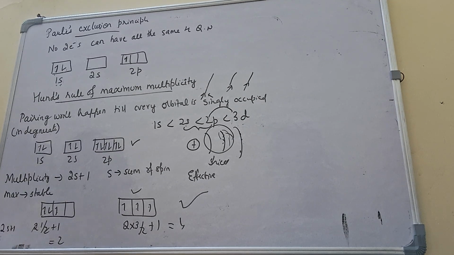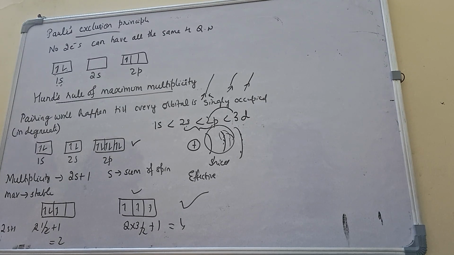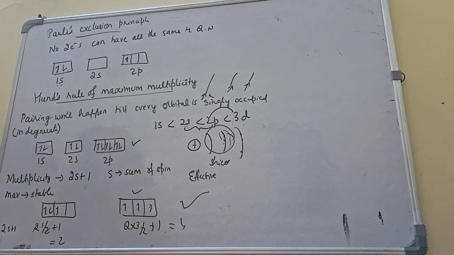Now we will write the electronic configuration for most of the atoms, up to 30 is what we need to know. You might be thinking it's a lot, but it's actually easy. There are some exceptions which you need to know, but otherwise it is all good. So let us start with the electronic configuration.